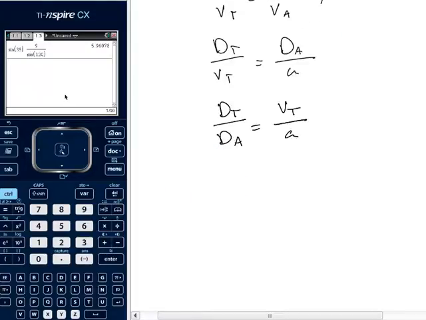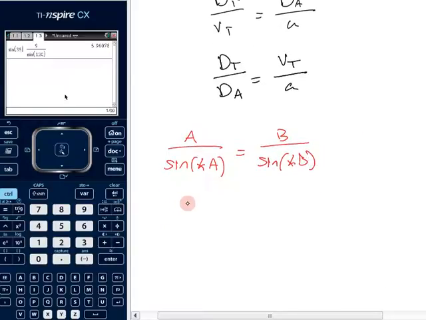And the reason I did that is because I can get a ratio for the distances using the sine rule. The sine rule tells me that the side a divided by the sine of angle A should be equal to the side b divided by the sine of angle B. In this case, I'm interested in my two distances, dT and dA.